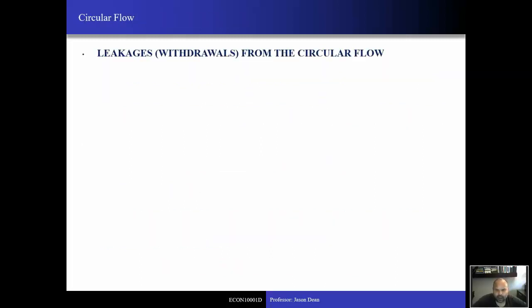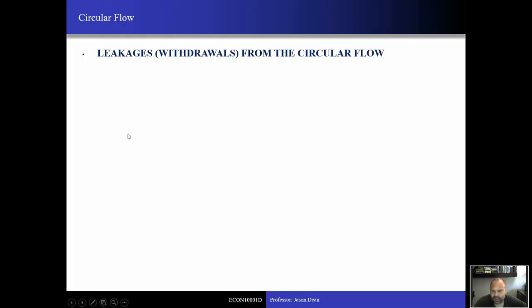Up till now, it was a closed loop, as I mentioned earlier. What that means is there are no leakages. There's no way in our simple model, for example, for people to save some of their income. So let's be more realistic now, and add different things to our circular flow model.